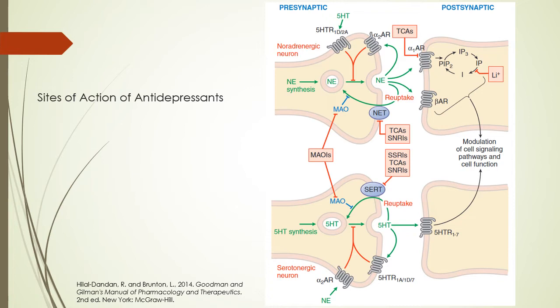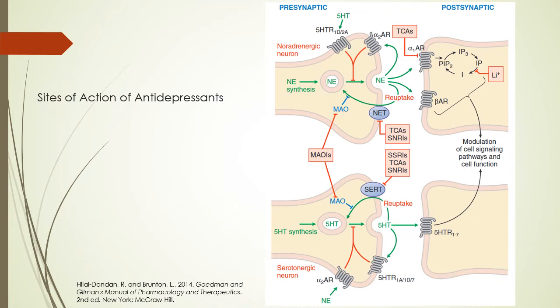And these drugs increase the bioavailability of norepinephrine and serotonin in the synapse. So here you have two sets of synapses and two sets of presynaptic and postsynaptic neurons.